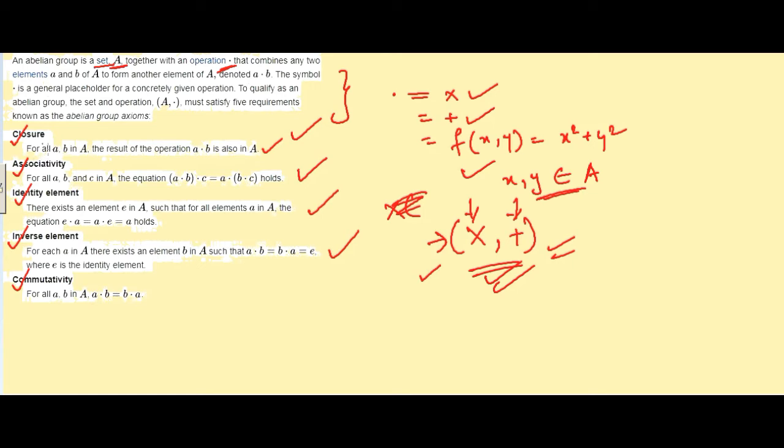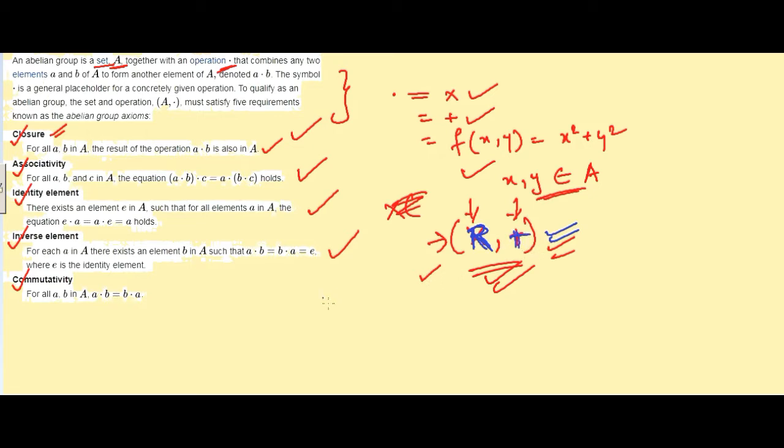So what does this closure property mean? Say that 2 elements are there. Let's suppose this is the structure here, and we have 2 elements. Let's say that this set is real numbers. We'll just try it with an example. This is the set of real numbers, and this is the addition operation that is defined.